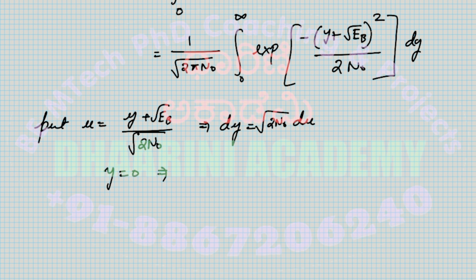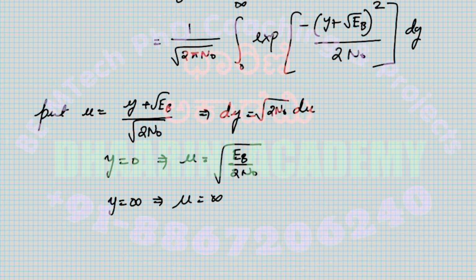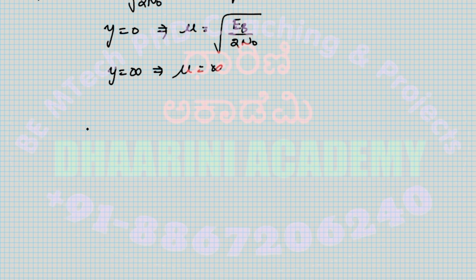When y is equal to 0, u is equal to square root of Eb by 2n naught. And when y reaches infinity, u also reaches infinity. So according to that, we need to make the changes now.